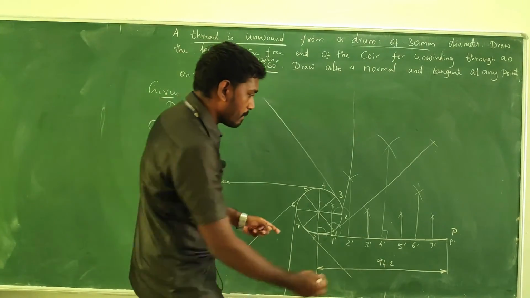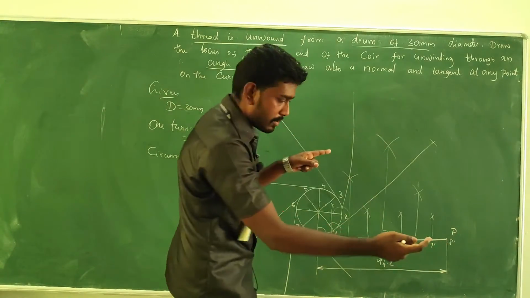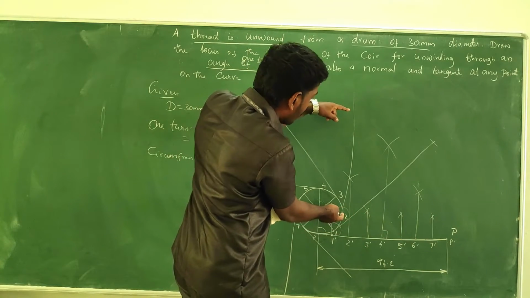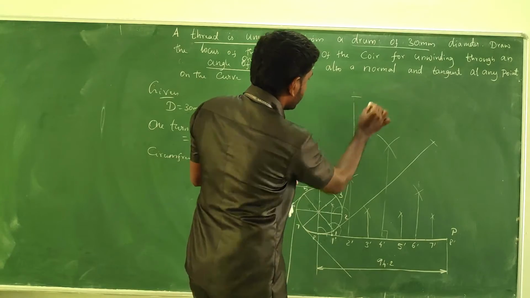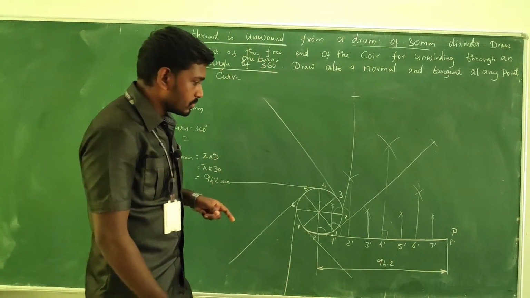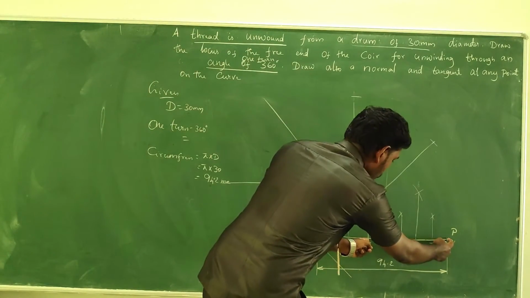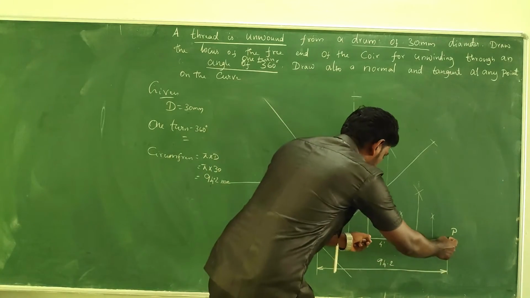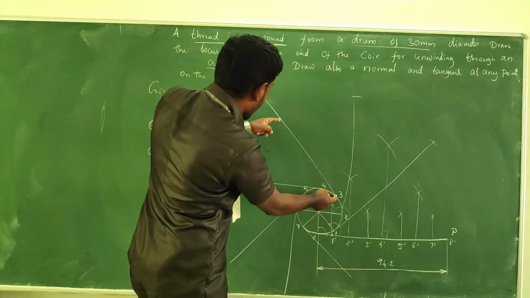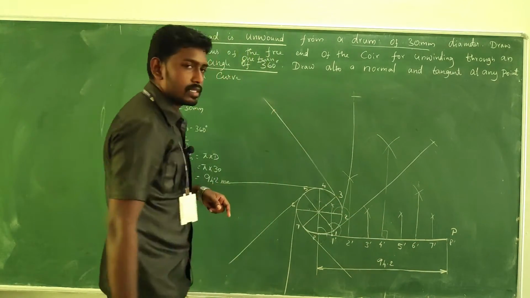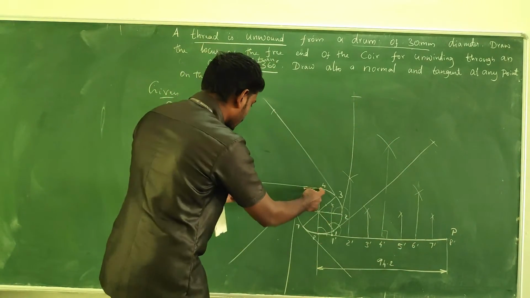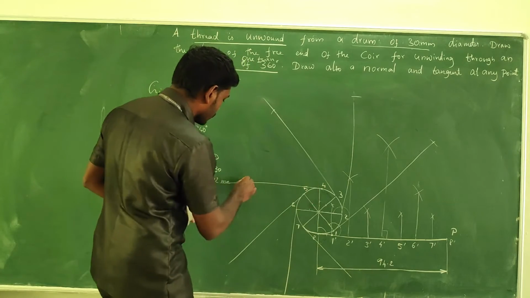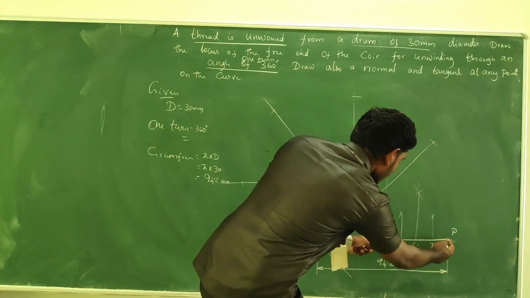In the same manner, measure P2 second, keep it at point 2 and make a cut mark in the second line like this. Measure P to 3, keep at 3 and make a cut mark. Measure P to 4 dash and keep at the 4th point and make a cut mark like this.